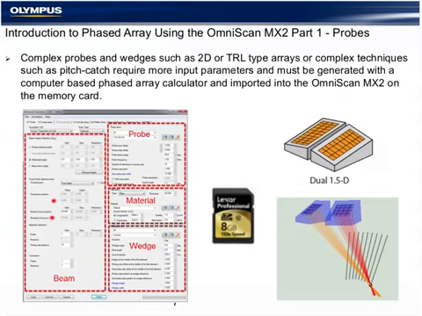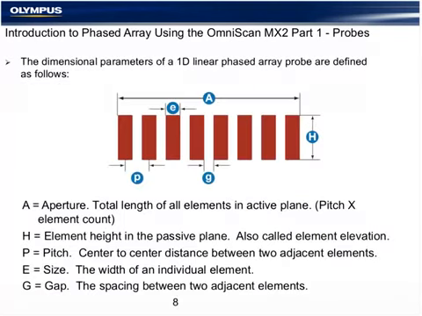Different calculators, different manufacturers have different levels of predictability for what's acceptable or not. But for the most part, we're dealing with the same physics as conventional UT. First and second critical angles, the ability for an incident angle to refract into the material, all of those things like Snell's law are very relevant.